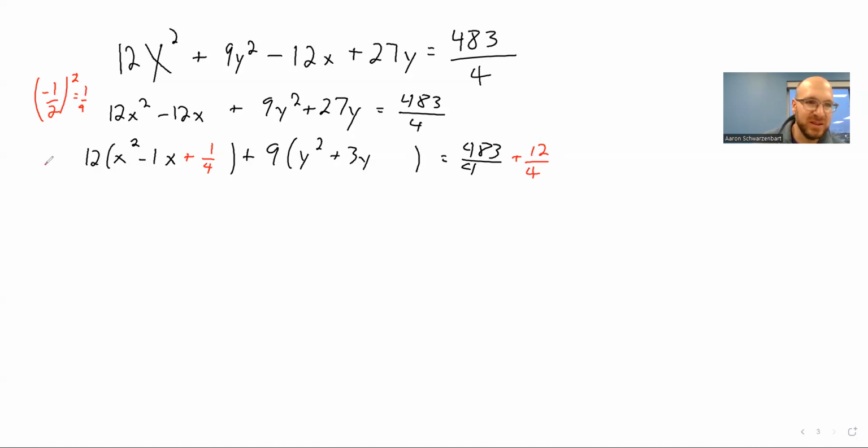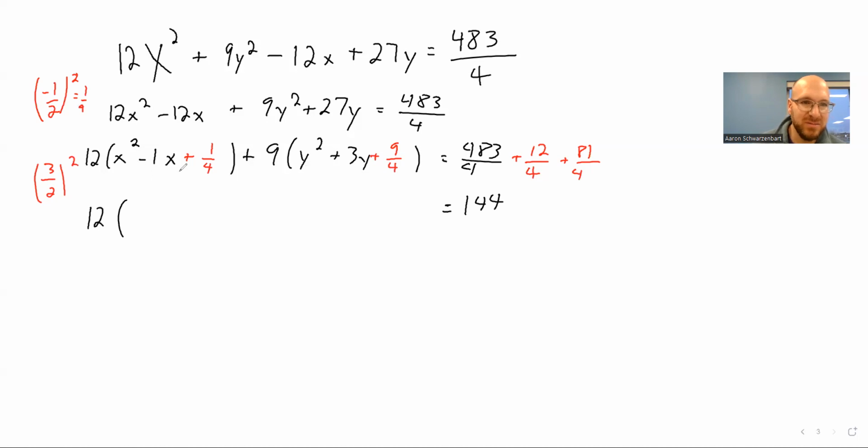I'll do the same thing with the 9. 3 over 2 squared, or with the 3 on the y, that's 9/4, plus 81/4. And this is 144 here. That's kind of nice. It just adds up to that.